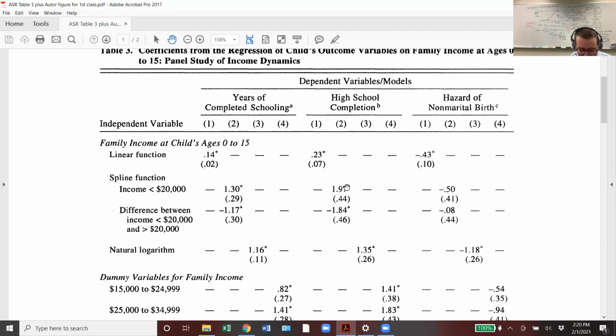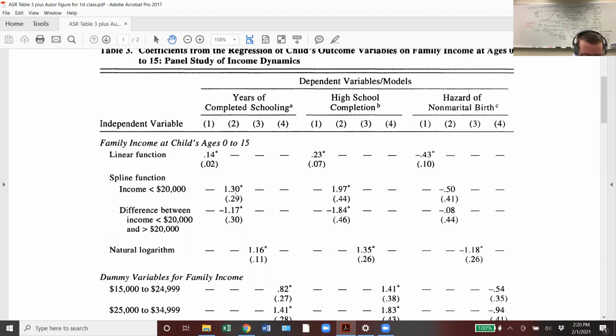So in this second model, we allow for the log odds of completing high school to be much more responsive at low income levels to income increases than high income levels. This could have been 0.23 and 0, which would have indicated that things were exactly the same, 0.23 all the way up and down.